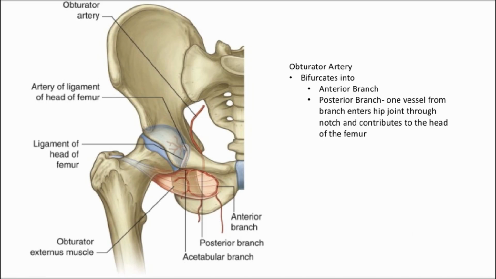Now we're going to talk about the obturator artery. The obturator artery originates as a branch of the internal iliac artery in the pelvic cavity, and it enters the medial compartment of the thigh through the obturator canal, as we've previously discussed.